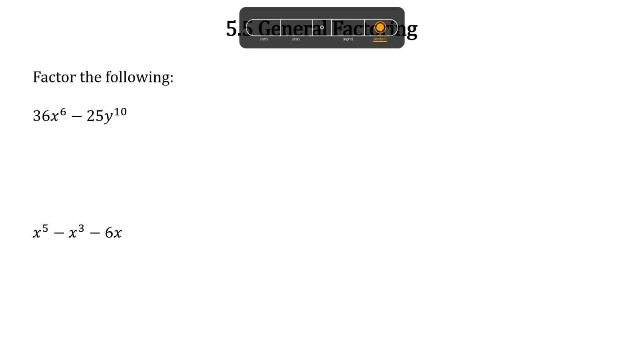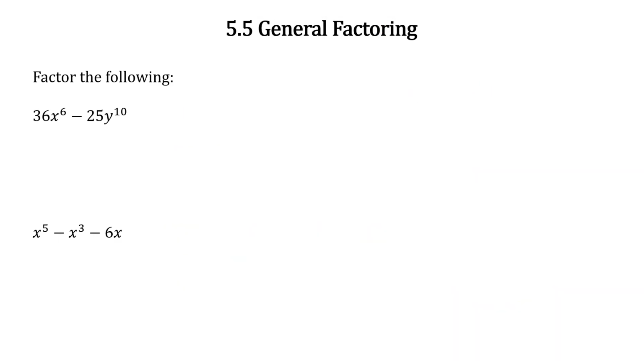Okay, your turn. Try these, come back and check your answers. Okay, so the first one, we're going to turn this into 6x to the 3rd power squared, and this will be 5y to the 5th squared.